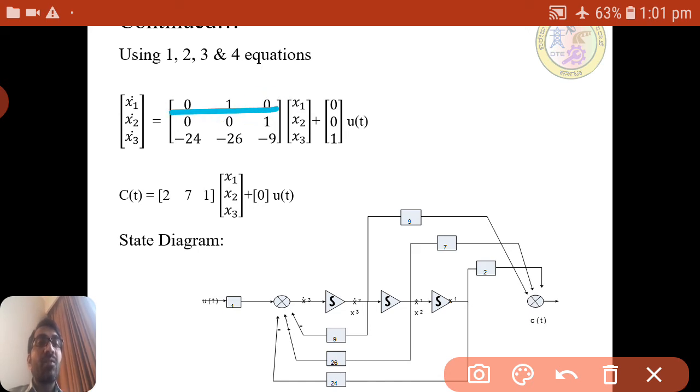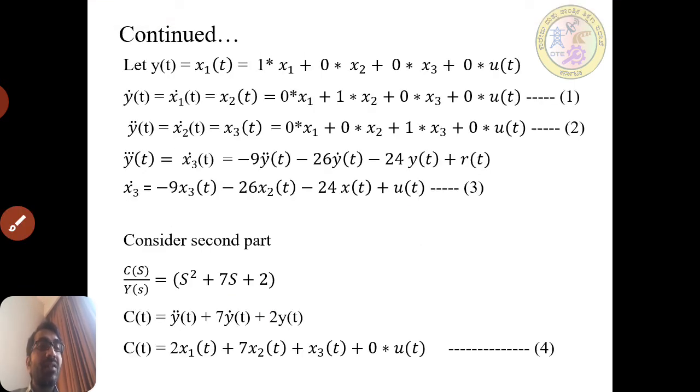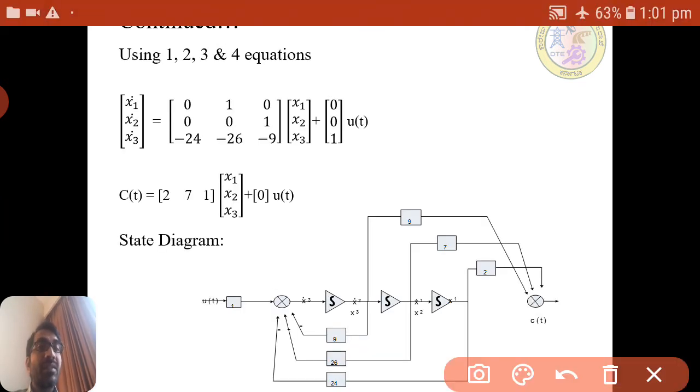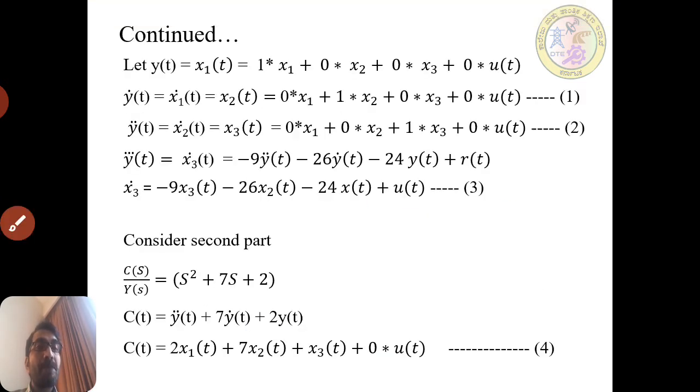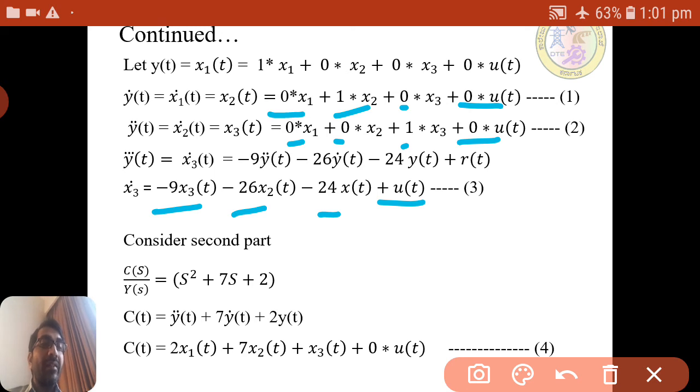The first row is 0 1 0, the second row is 0 0 1, and the third row is minus 24, minus 26 and minus 9, and the input matrix is 0 0 1, where u of t is 1 in the last position. These are the A coefficients.